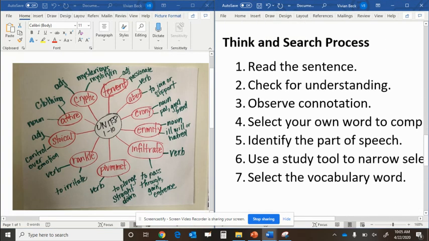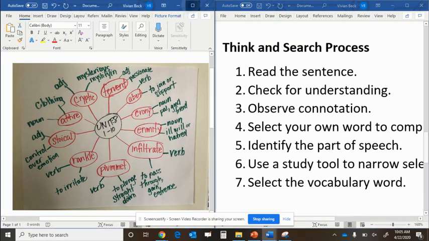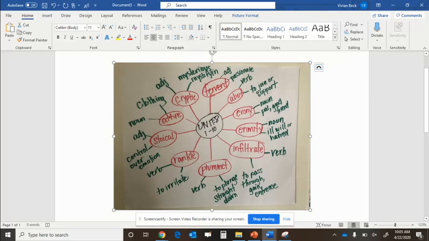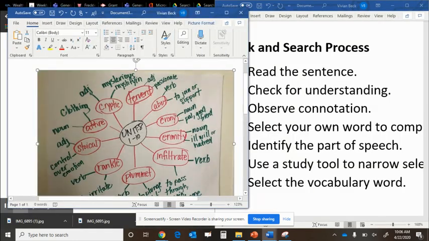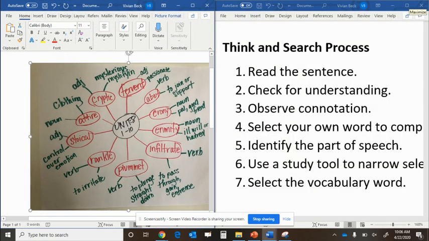Let's take a look at our study tool here before we go on. I created a mind map in the video, and unlike the video, this is not backwards. This is what it actually looked like. Okay. You may have created a quadrant chart as well, which would really be helpful in this case, but we can use the mind map for the same purpose. So let's split the screen.